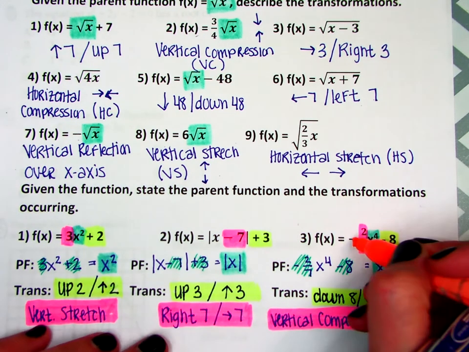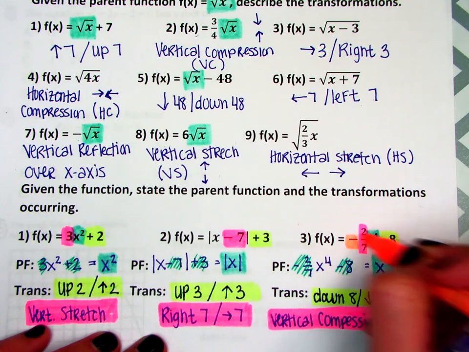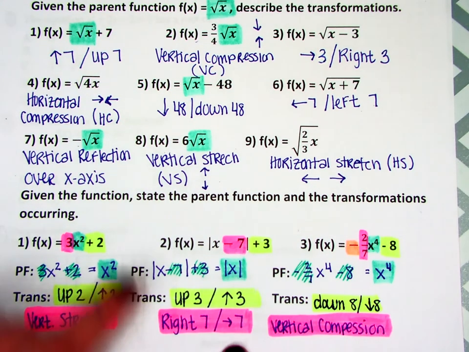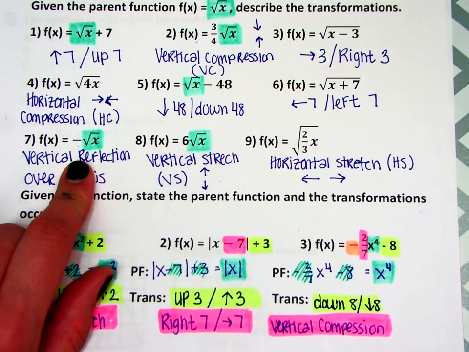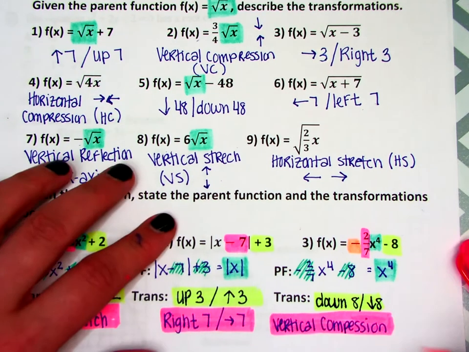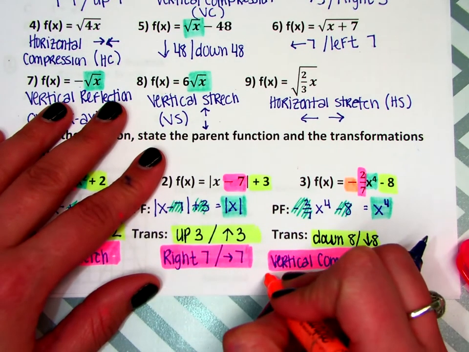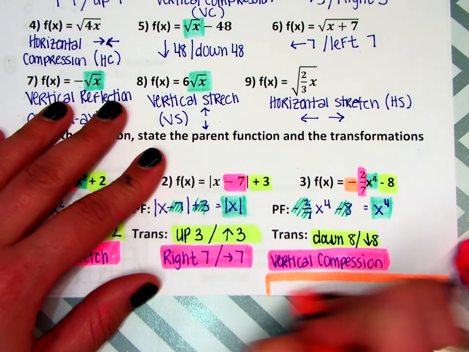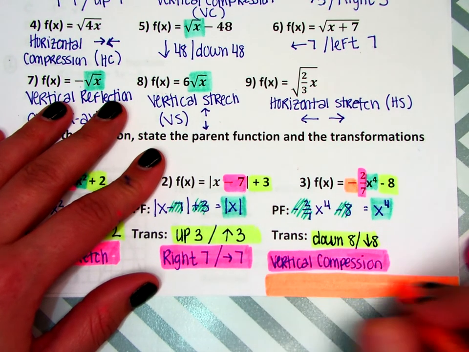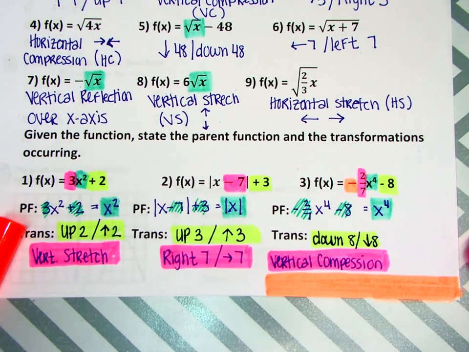Last thing is this negative sign. So this negative sign does mean something. So if I'm looking here, I see a negative sign outside of the function. That is a vertical reflection over x. So down at the very bottom, that negative sign, that's going to be a vertical reflection over x.